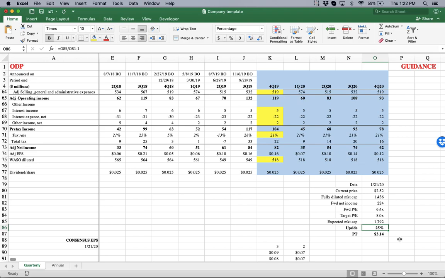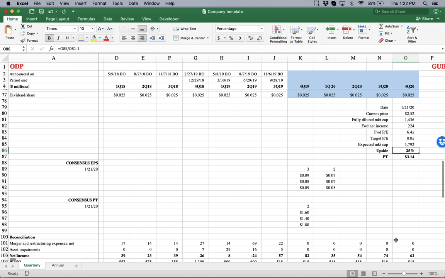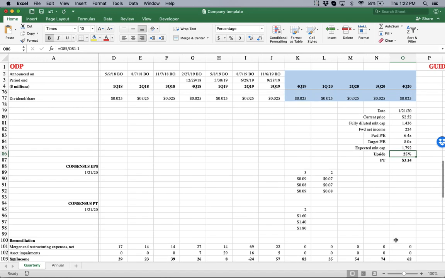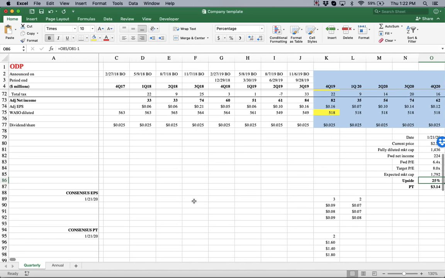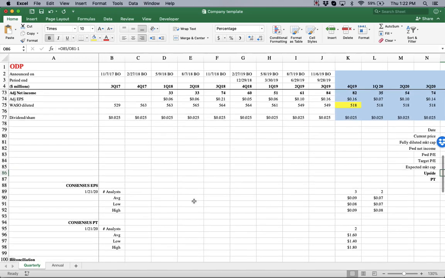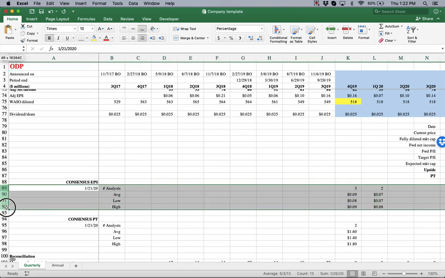Now, one thing that it's nice to include either to the side or underneath your income statement is what the consensus numbers are. So you always want to do your own estimates, but it's nice to gauge where you stand in comparison to the Wall Street analyst consensus estimates.